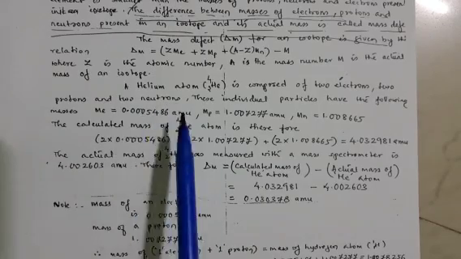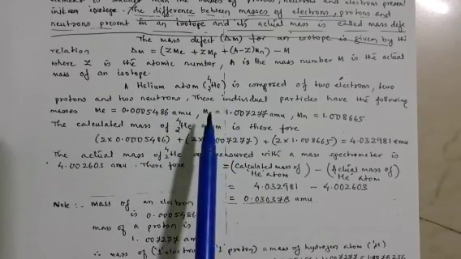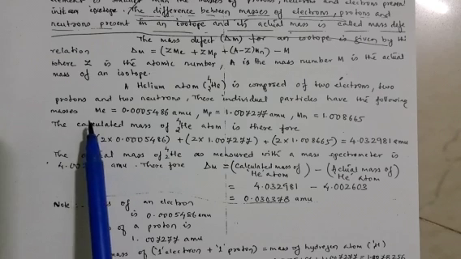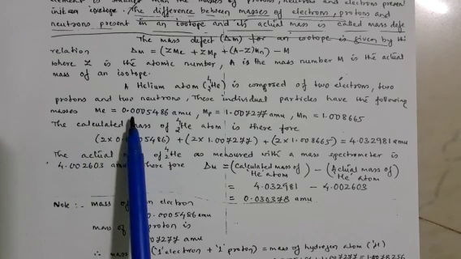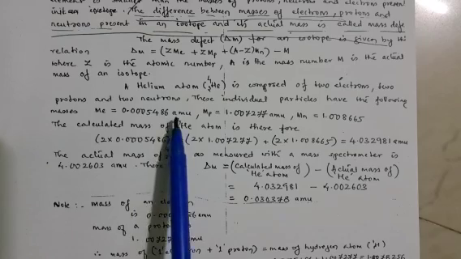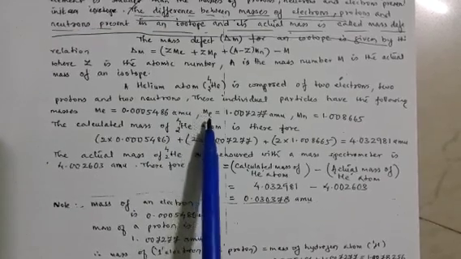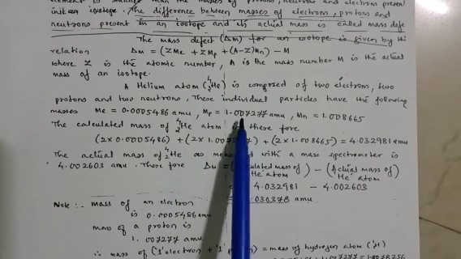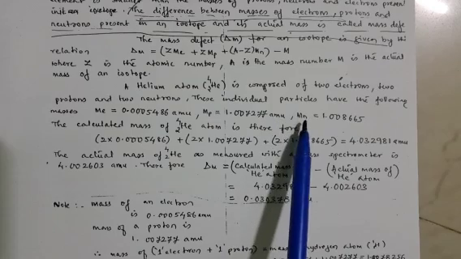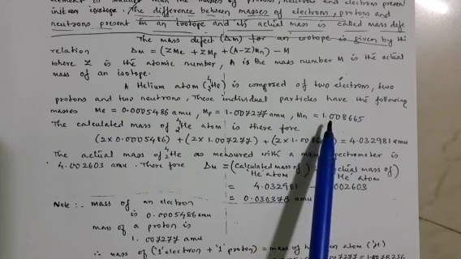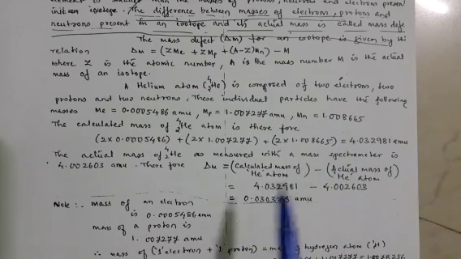These individual particles have masses. The mass of the electron is 0.0005486 AMU (atomic mass units), the mass of the proton is 1.0072 AMU, and the mass of the neutron is 1.0086 AMU.